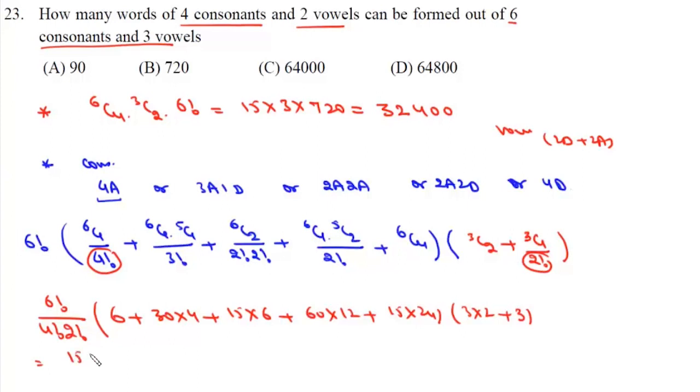Now this is 15 into 1296 into 9, which is 174960. So basically the answer doesn't match with any of the given options.